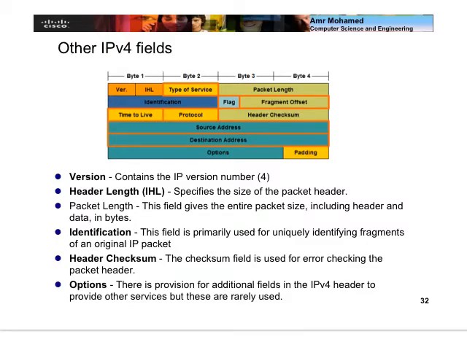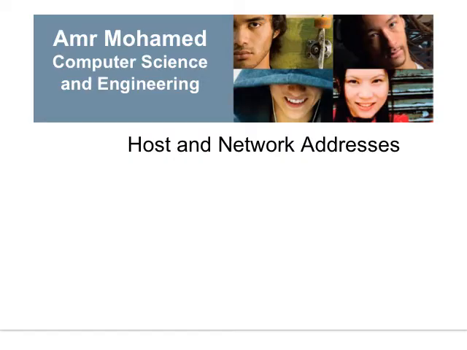So this is one of the placeholders that they put in the standards just for future extension, in case they need to complicate the protocol design based on some future changes that happen in the applications.